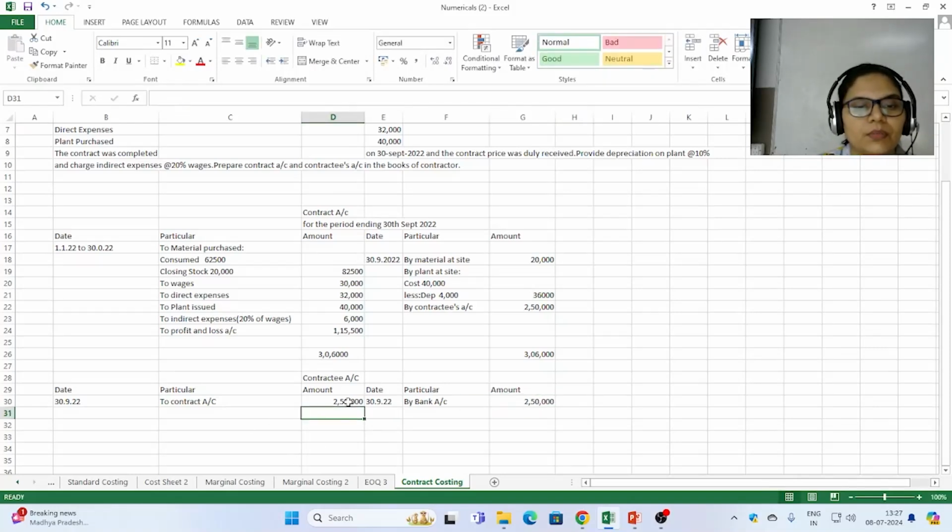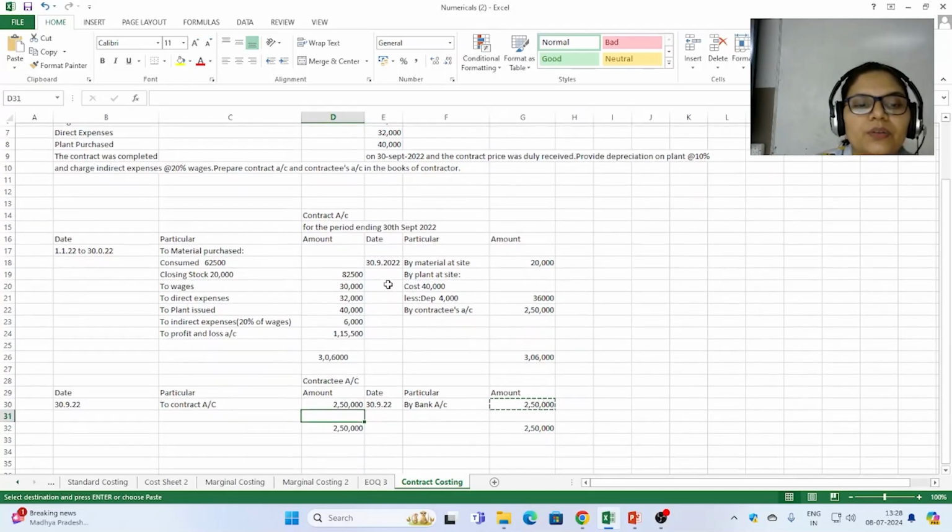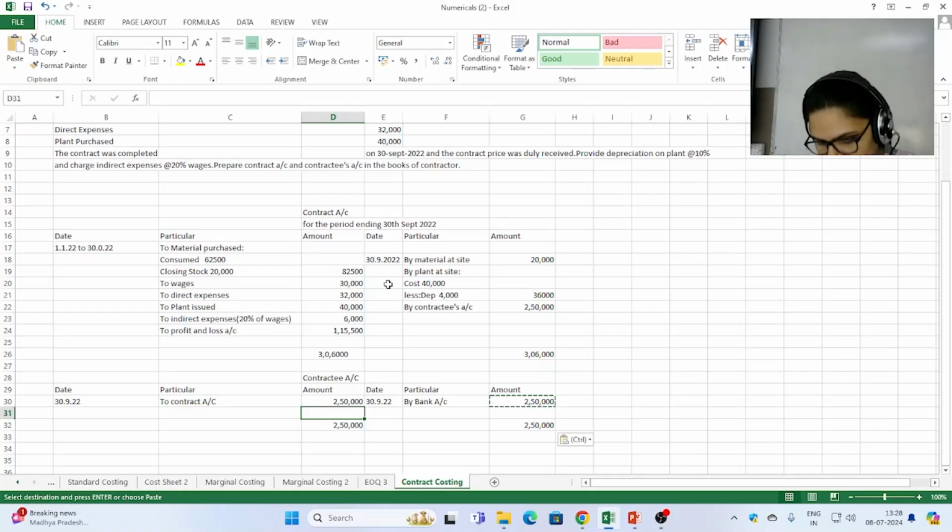So this was all about it. We will copy in order to complete the format of a ledger. Again, we will copy and paste it over here, and to give it more clarity, you can make borders in these. So this is all about your contract account. In contract account, we usually prepare contract account and contractee account side by side.